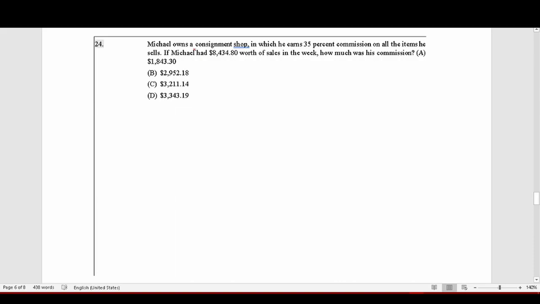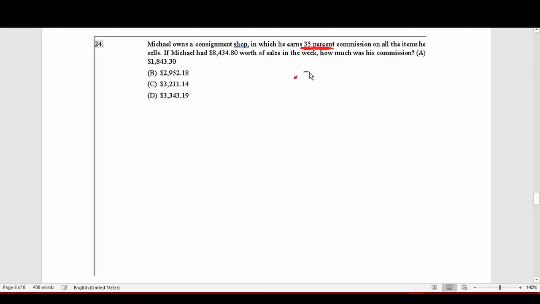Michael owns a consignment shop in which he earns 35% commission on all items he sells. If Michael had $8,434.80 worth of sales in the week, how much was his commission? So the first thing I want to deal with is making this into a decimal.